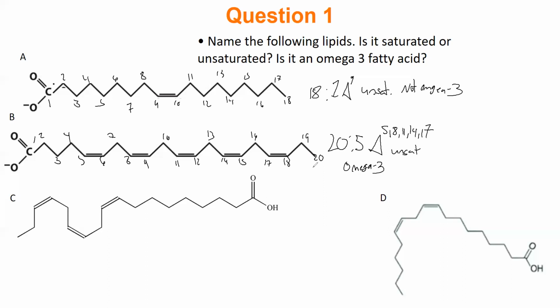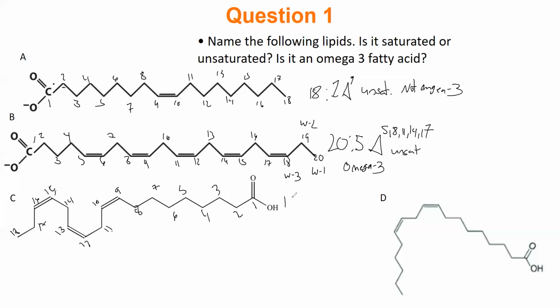Because remember, omega starts at the very last carbon. So that's omega-1. That's omega-2. That's an omega-3. So go on to fatty acid 3, carboxylic acid's right here. So 1, 2, 3, 4, 5, 6, 7, 8, 9, 10, 11, 12, 13, 14, 15, 16, 17, 18.